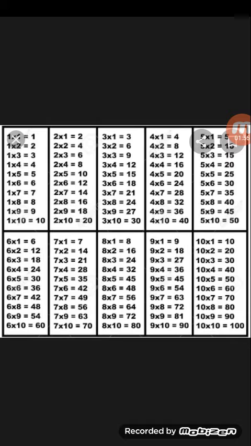After that, 2 times 2 equals 4. And it goes on until times 10.